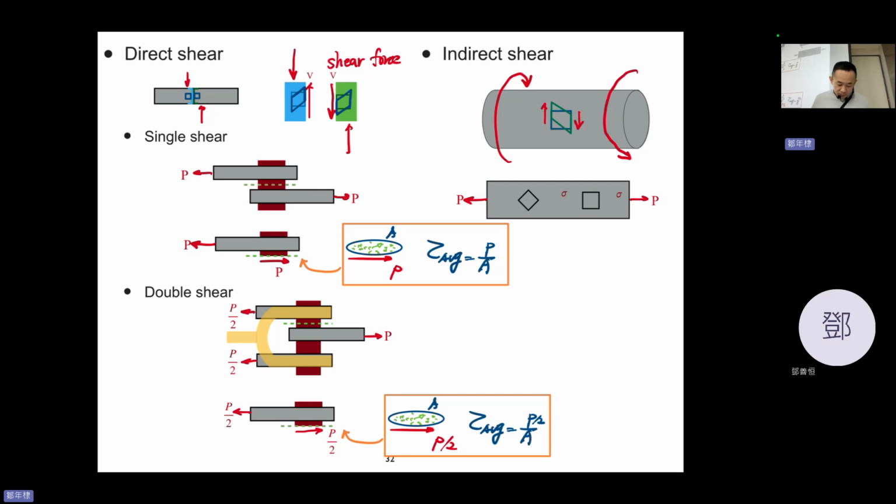Let's take a look. If you draw your material with a square on it in this position, after you're loading, you will have sigma, sigma, left-hand side, right-hand side. So it becomes an elongated element. This is the actual normal stress. You learned that last week.